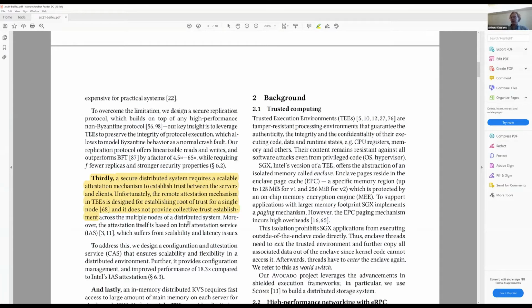And the mechanism that they described uses Intel as the provider of the technology, as the source of trust here, in a sense. They have to communicate with an Intel-provided service to establish this attestation that the enclave is actually trusted, and that what's running there is correct.